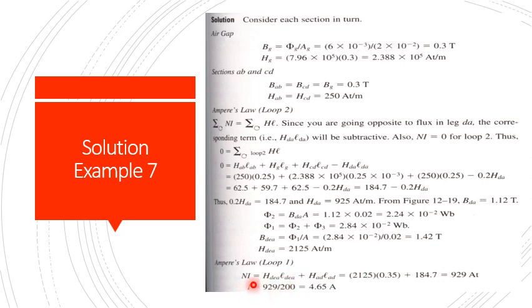So the summation of Ni is the summation of HL, which is 929 ampere turns. To get the current, we divide by the number of turns, 200. So the current injected in the coil is 4.65 amp.